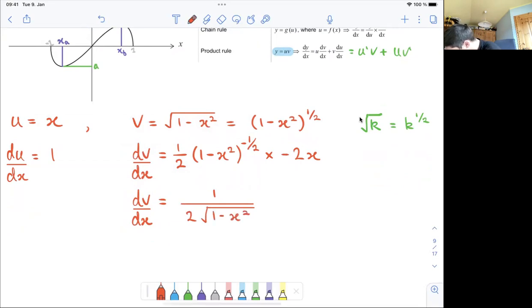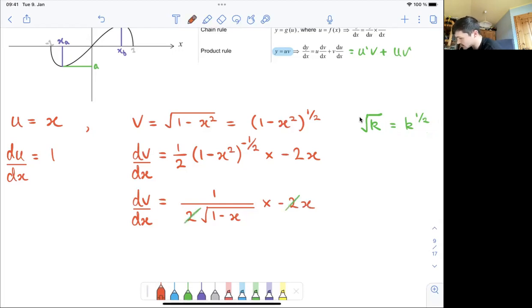I've essentially done this rule in reverse. Then we times by negative 2x, and we'll see that the 2 here and the 2 here can cancel out.